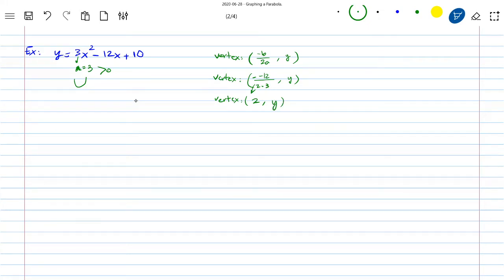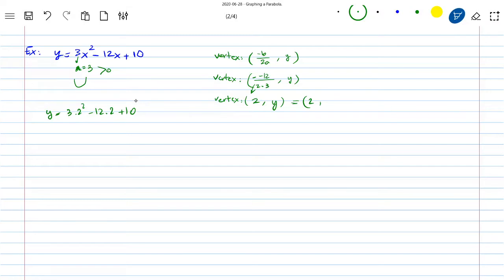I need to figure out what the y value is. How do I find the y value? Replace 2 into the function. It's f of 2, but there is no function name here, so I do not want to use the f notation. I replace 2 into the function: 3 times 2 squared minus 12 times 2 plus 10.